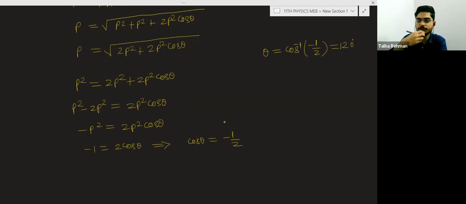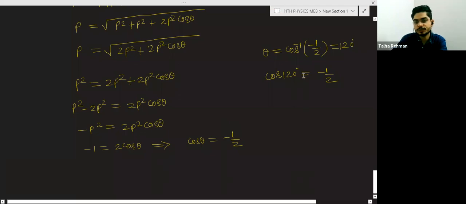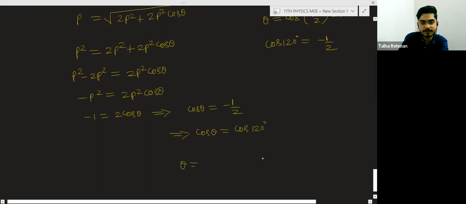So you should know what is cos of 120. Cos of 120 is minus 1 by 2. So this value you should know. Here instead of this cos theta, you can write cos of 120. So cos and cos are equal, so this theta will be equal to 120 degrees. So your answer will be 120.